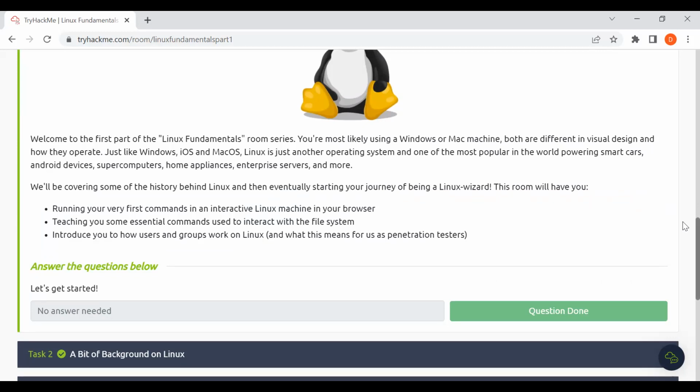So read through. And when you get to the part where they say, answer the question below, if there's no question, like this part now is saying no answer needed, you just check this button where we have the question done. Normally it won't be like this on your own. Please, you can go ahead and open and log into an account, right?